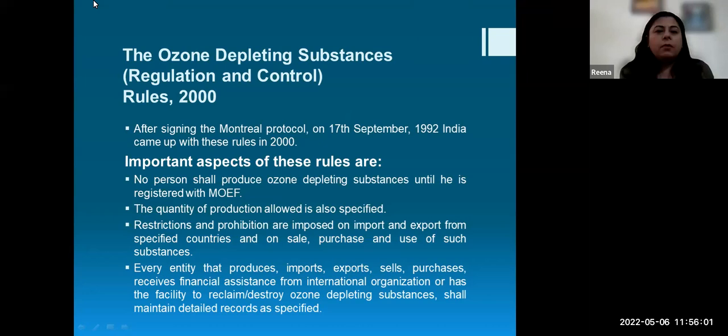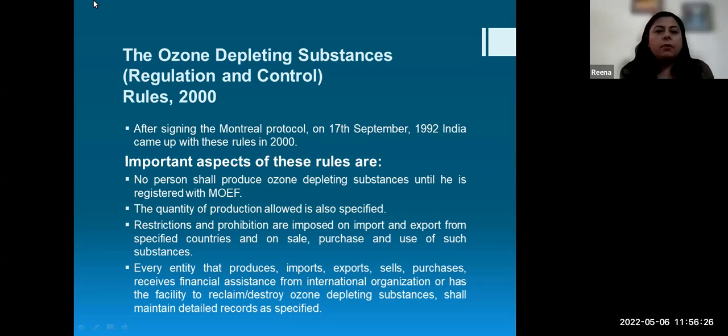Then there is the Ozone Depleting Substances Regulation and Control Rules 2000, where an important aspect of these rules is that no person shall produce ozone depleting substances. No ODSs can be produced without registration with MoEFCC, and the quantity of production has to be specified.